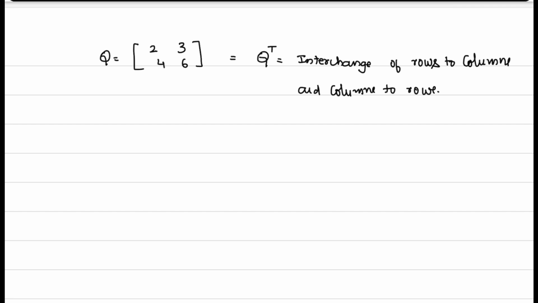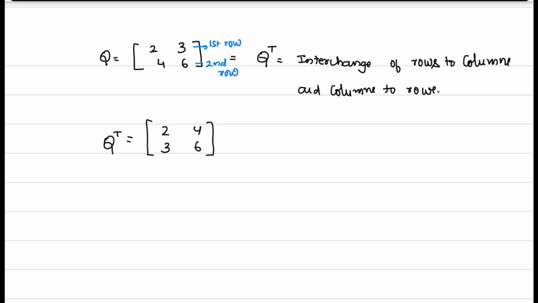Now, if Q is this, what is Q transpose? The first row, 2, 3, will become the first column, and the second row, 4, 6, will become the second column. This is the first row, this is the second row.